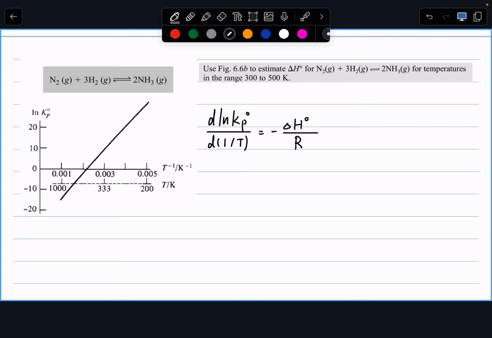Now, the question asks us to estimate delta H naught for this reaction, given the plot.